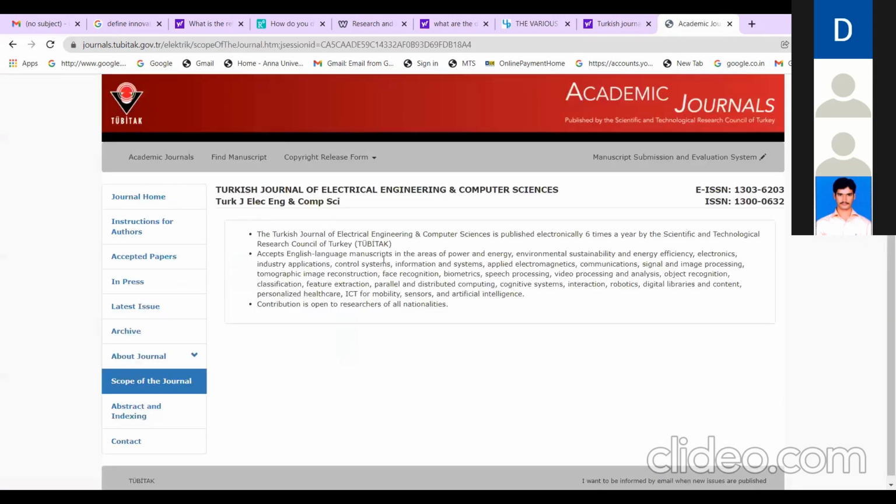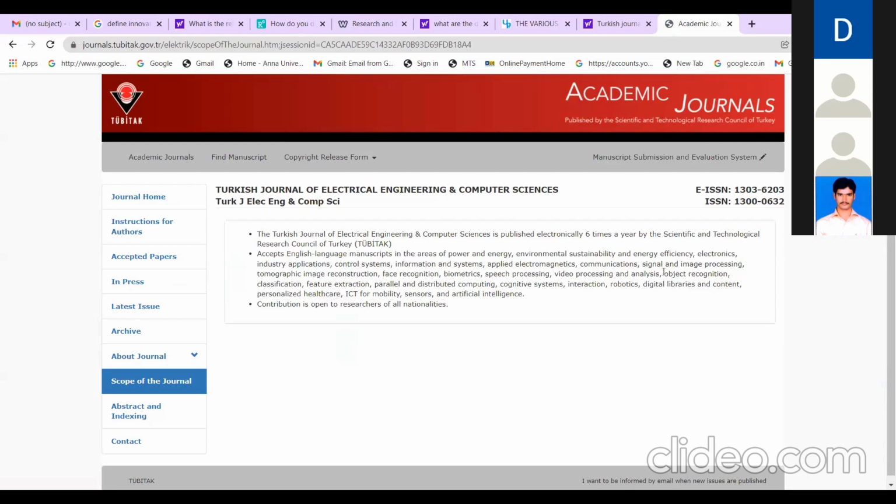Here they show what type of paper they will accept, right? You will see, they accept English language manuscripts in the areas of power and energy, environment, sustainable energy efficiency, electronics, industrial application, control system, information, applied electromagnetic communication, signal and image processing, right?